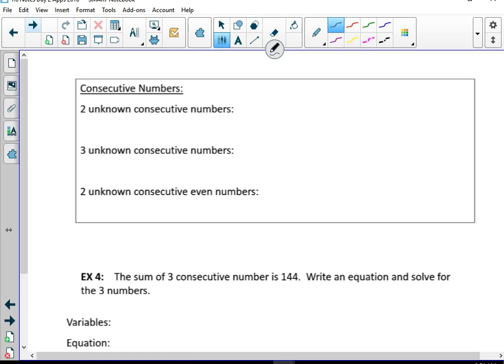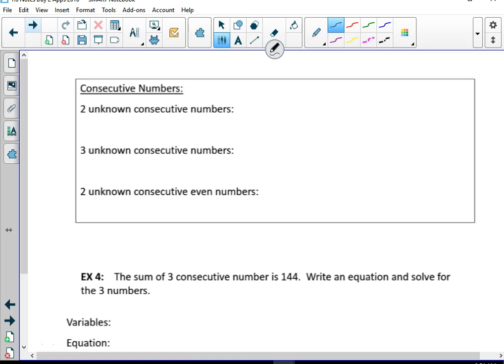You know what consecutive means? 2 numbers after each other. If your team got consecutive wins, they got back-to-back wins, one after the other. Consecutive means one after the other.